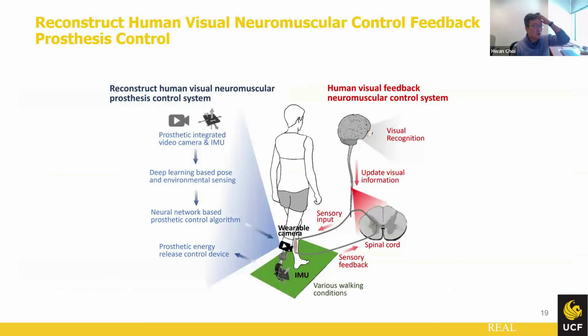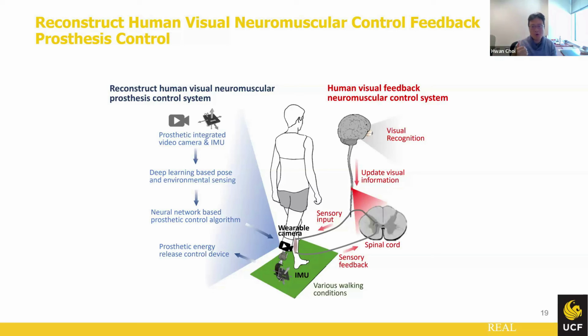Also, this is an ongoing project: reconstructing visual sensory feedback to control the prosthesis. Basically, when we walk, we are using visual sensory feedback. We look at the upcoming obstacles or upcoming walking conditions, and then this visual recognition information is transmitted to the spinal cord.